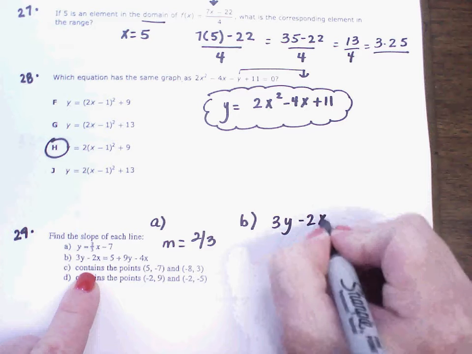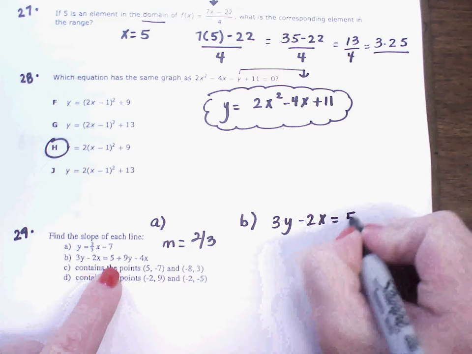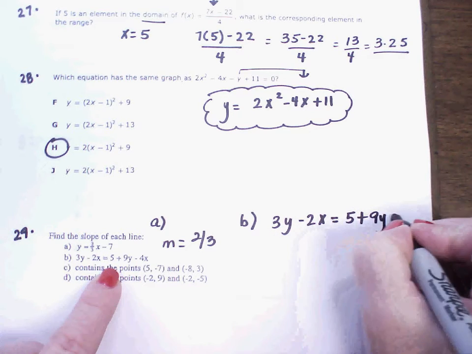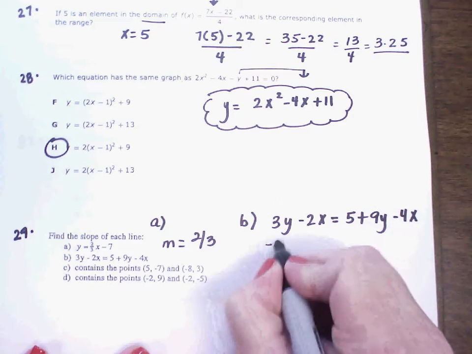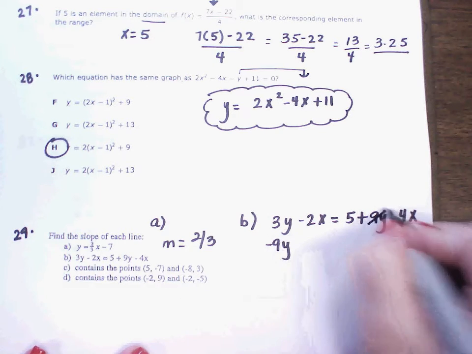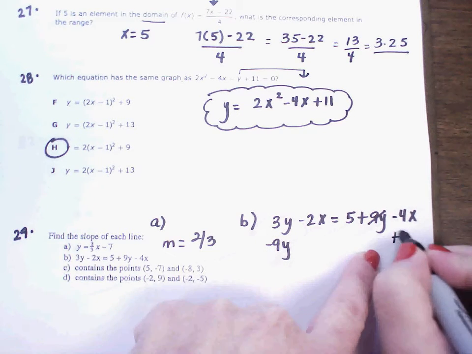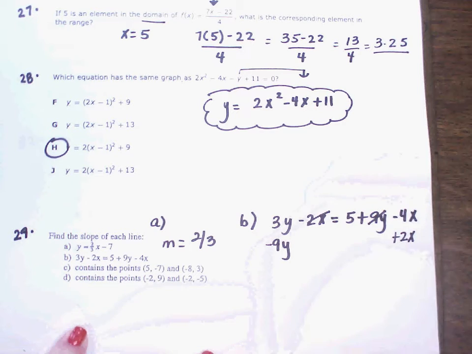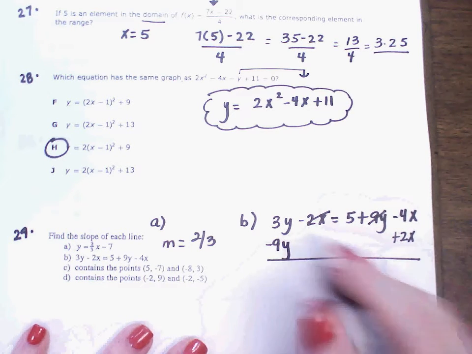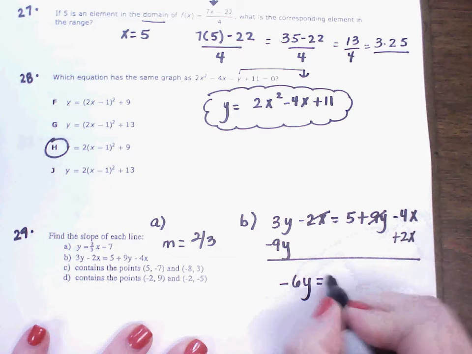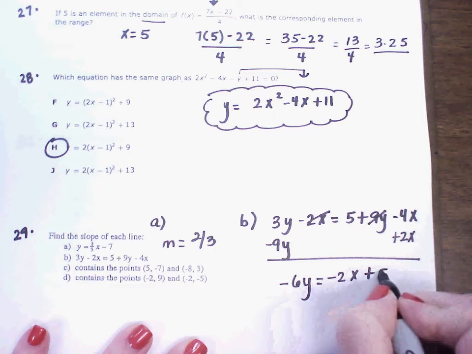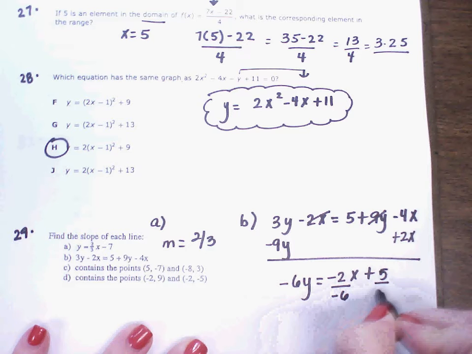For B, let's go ahead and solve for y. So we're going to put all the y's together. So I'm going to say minus 9y. That cancels it out of there. Plus 2x. That cancels it out of there. So negative 6y equals, that right here would be negative 2x plus 5.